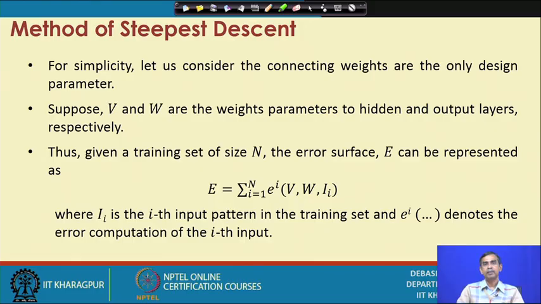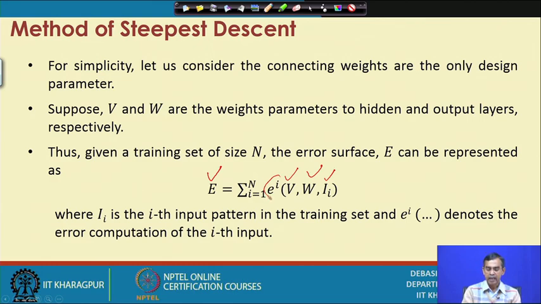Here, V is basically the weight values from the input layer to the hidden layer, and W is from the hidden layer to the output layer. In this context we can represent the error function E. Error function E is a function of 3 parameters: V and W, because the error depends on the values of V and W, and also the input to the network.